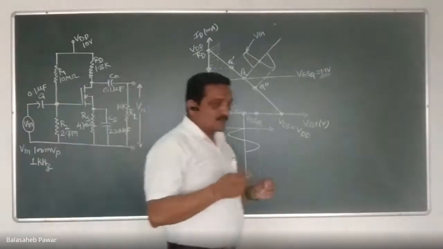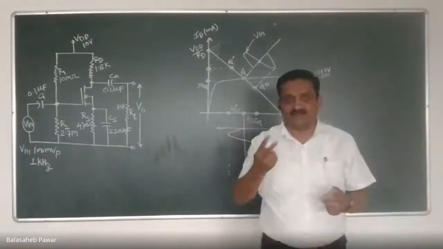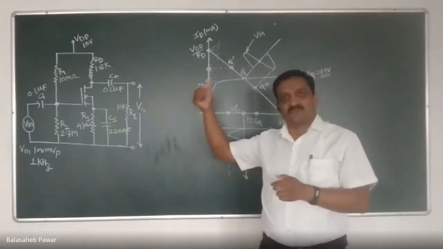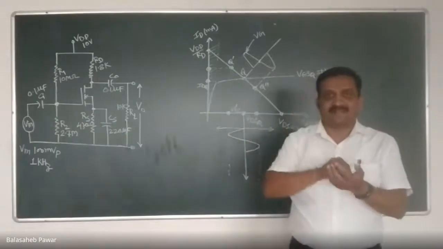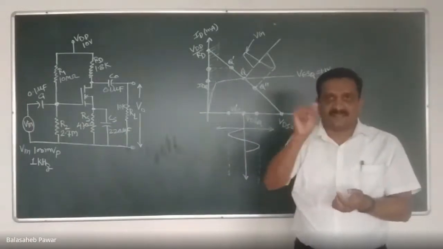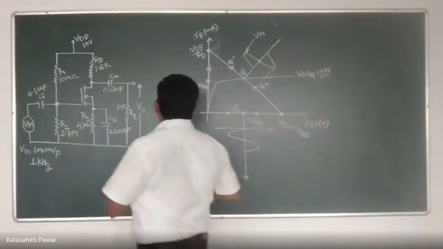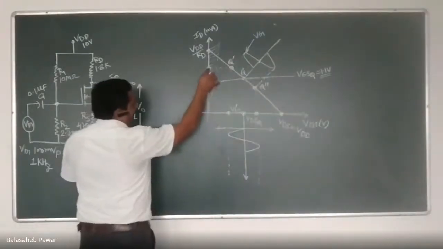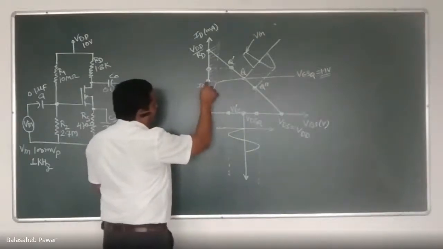Whenever input voltage increases from that fixed VG, that is 2 volts, and when input goes to its peak, that is 100 millivolt peak, then the net gate voltage VG becomes 2.1. Last time, already we discussed that, right?